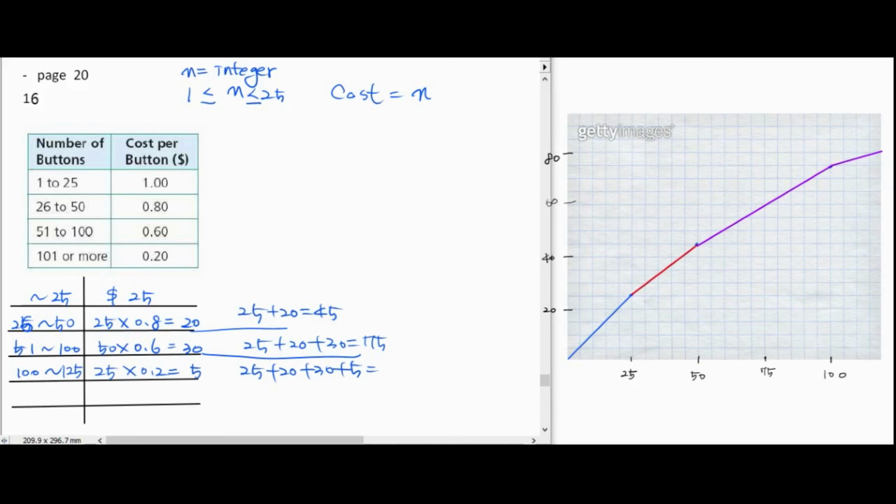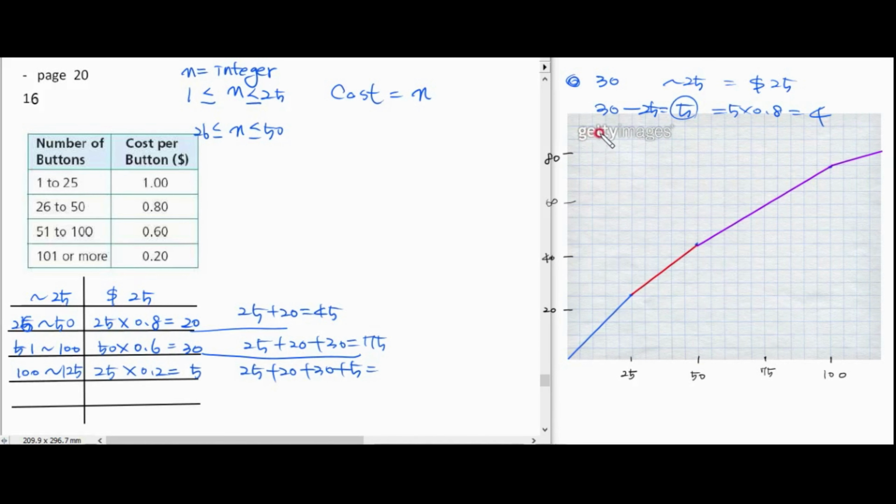And now let's go for the next region. When n is bigger than or equal to 26, and smaller than or equal to 50. Before writing down the equation, let's just think about it. If we have bought 30 buttons, until 25 we'll just count $25. And after that, those 5, which is just 30 minus 25, will cost $4, which is 5 multiplied by 0.8.